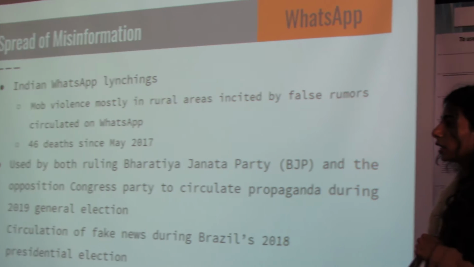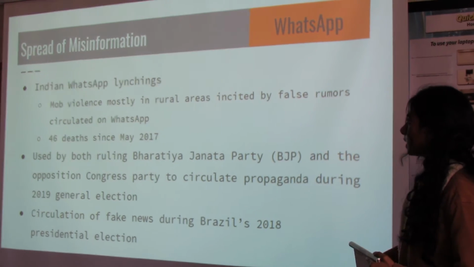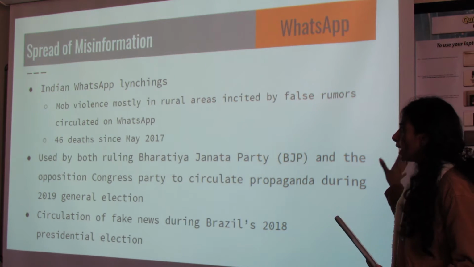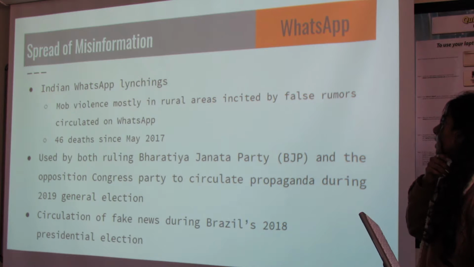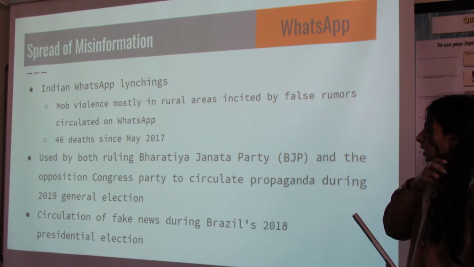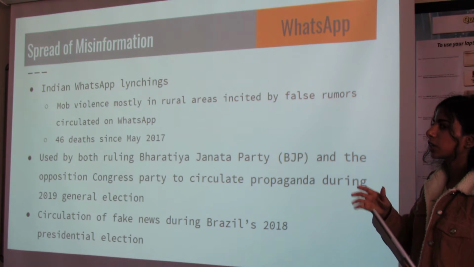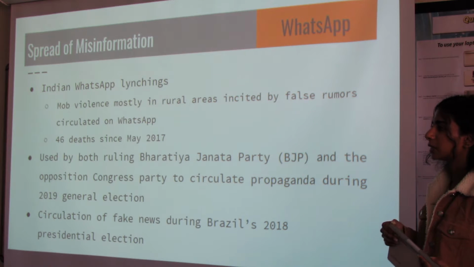So I was just looking at WhatsApp, which is different in nature, but still has had huge effects. I mentioned this in class a few weeks ago, but in India, there's a big issue with WhatsApp lynchings.